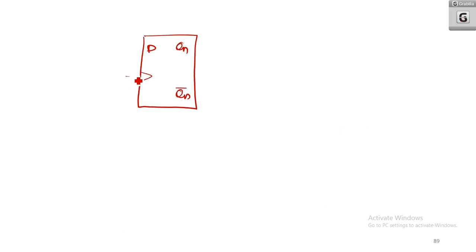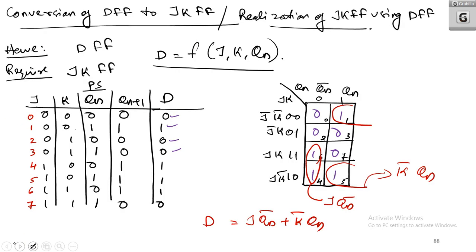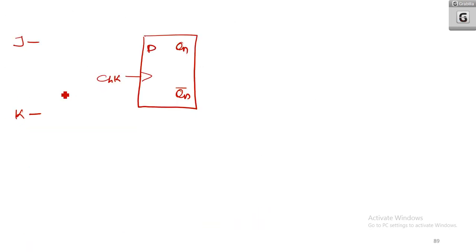Now let me draw the circuit of it. We are having a D flip-flop. Qn is there, Qn bar is there, clock is there. We are having two inputs, J and K. Now what is D? J Qn bar, which is an AND gate.